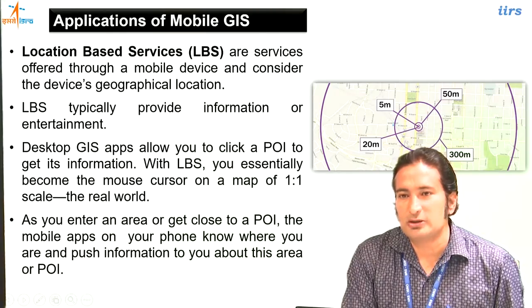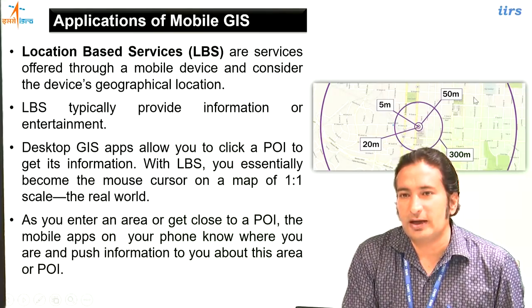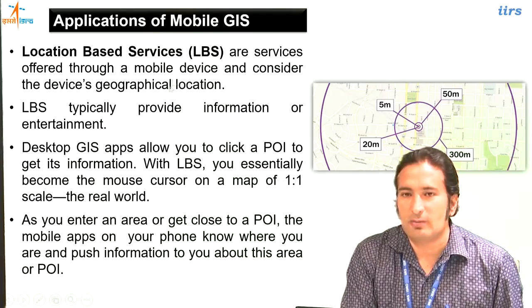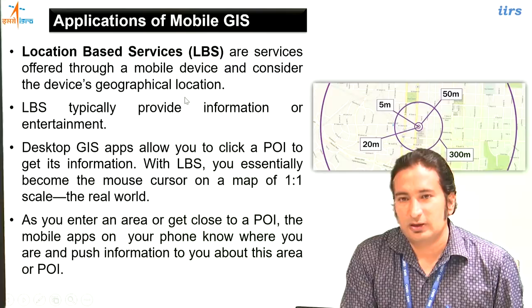At how much distance you are from different kinds of utilities is made available to you in location based services. These services very much utilize mobile GIS. Wherever we talk about location based services, somewhere we are talking about mobile GIS only.